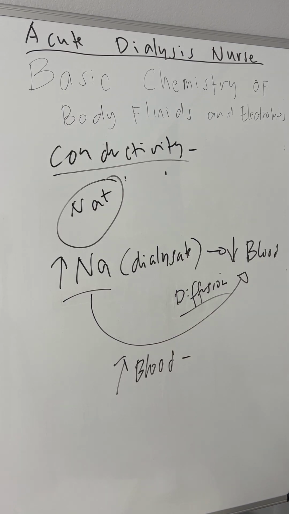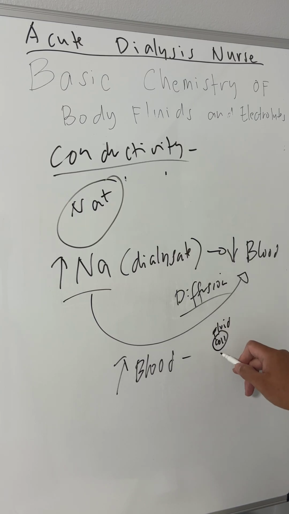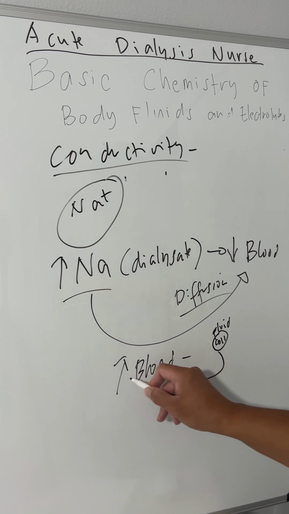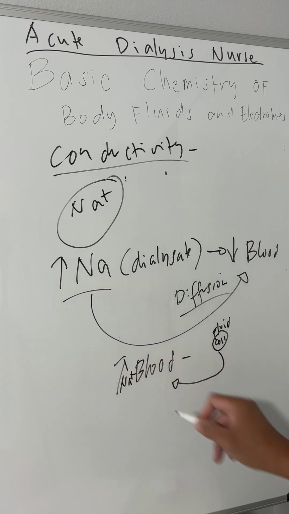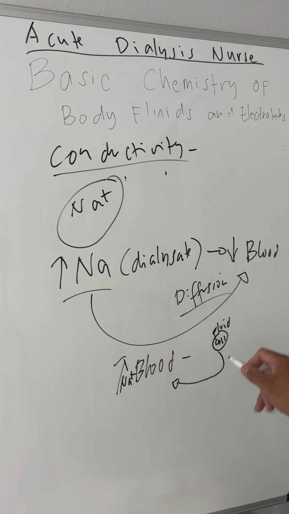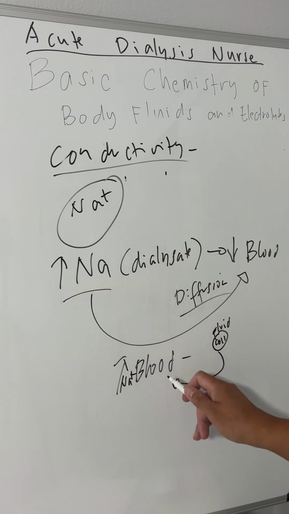If you have high sodium in the blood, the normal response of the body is to pull fluid from the cell. So this is your cell. It pulls fluid out so that it will dilute the high sodium in the blood.